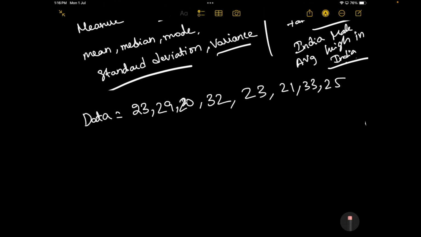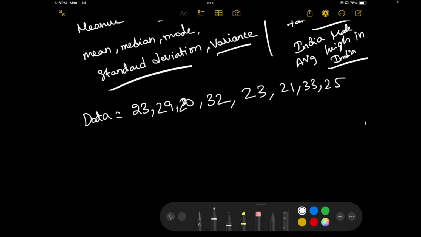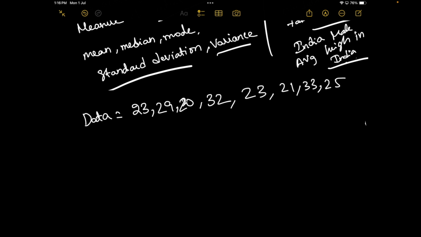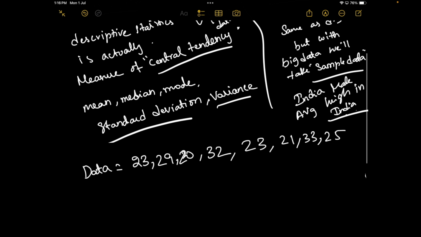Coming to the operations, we directly jump into them because we don't need these definitions. In descriptive statistics, I'm planning to make this in two parts. In part one I'm going to tell you about mean, median, and mode, and in part two I'll discuss variance and standard deviation.